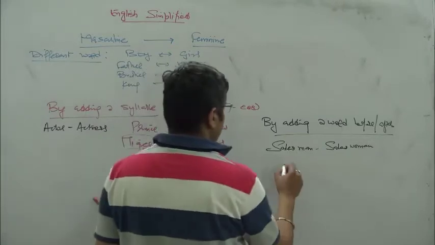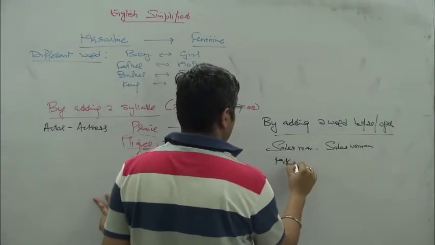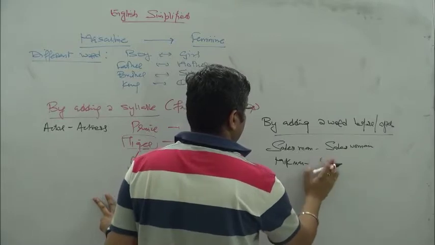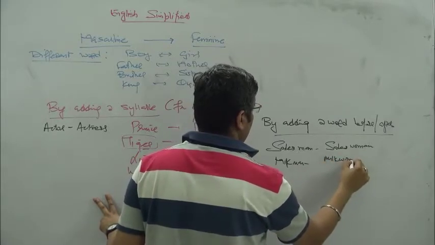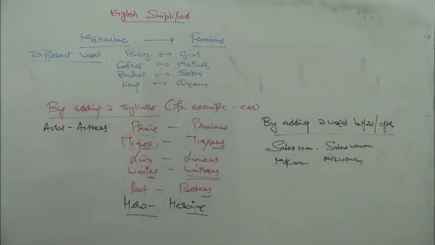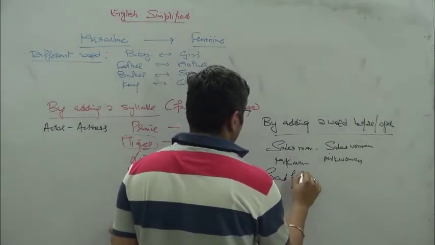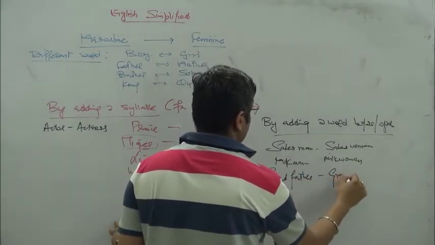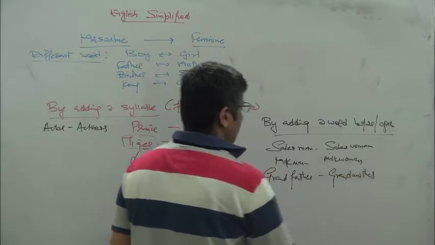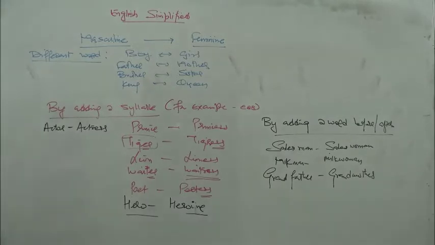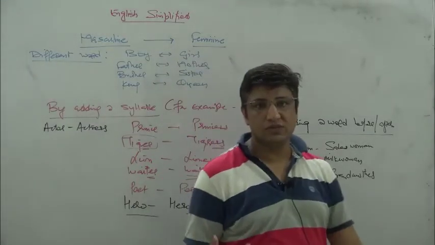If I call it milkman, that shall be milkwoman. So likewise we can create more such examples. So an easy one again. So grandfather shall have the answer as grandmother here.